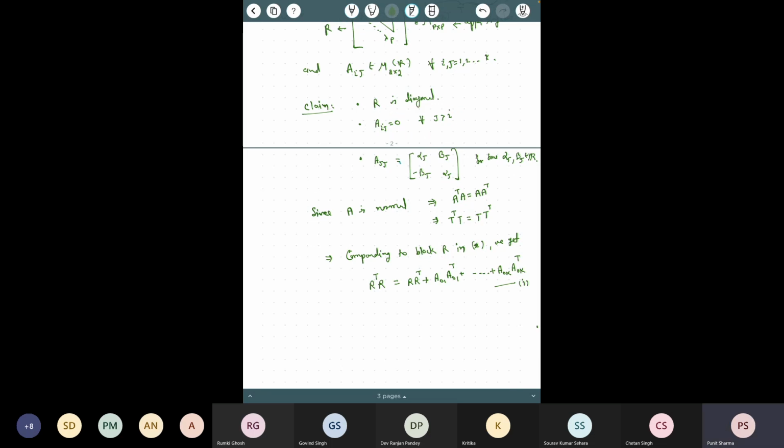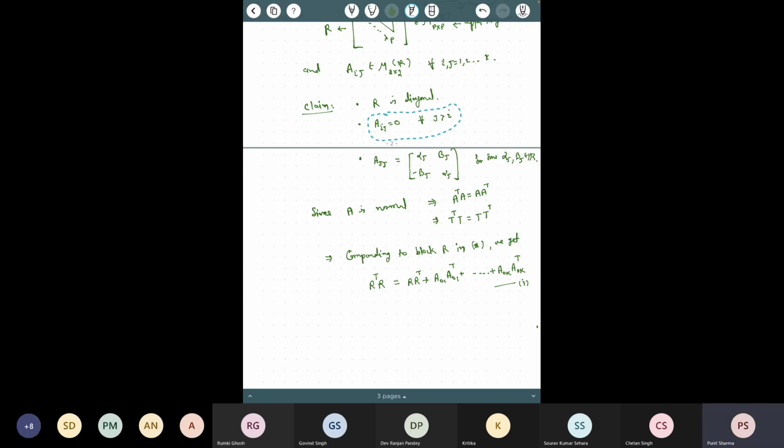In order to prove the result, we have to prove these 3 things, and I'm trying to prove the first thing here, that R is diagonal. Then next I will show that these things are 0 for each I. These things are not given, so we cannot assume that they are 0. We have to show that they are 0, and this is what we are trying to do.